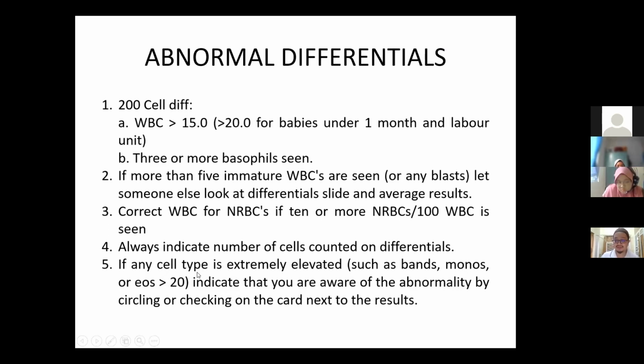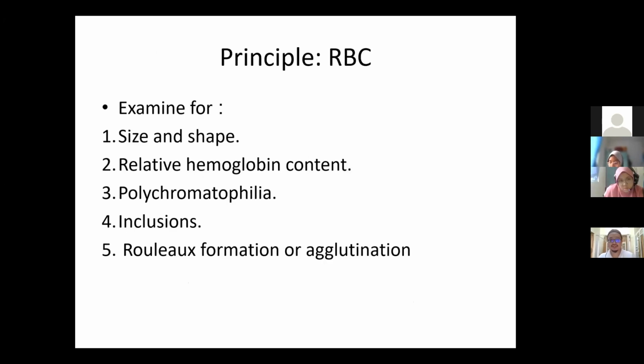So bands, neutrophils, this can be part of a normal presentation. Tapi if you see too many of them, that means it's abnormal. So we need to note them. Okay, we stop here, and then we go for the RBC blood. We stop for 10 minutes, perhaps longer time.